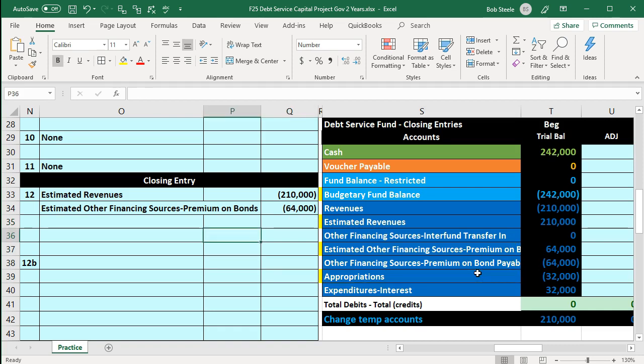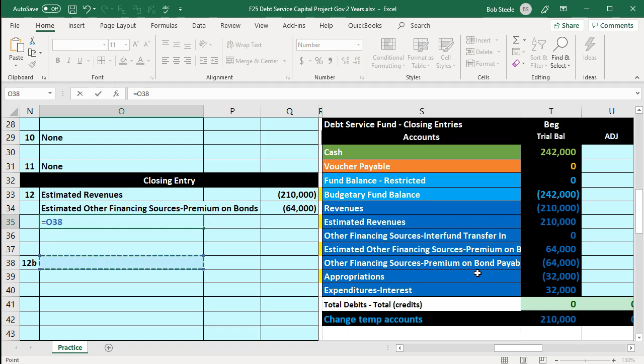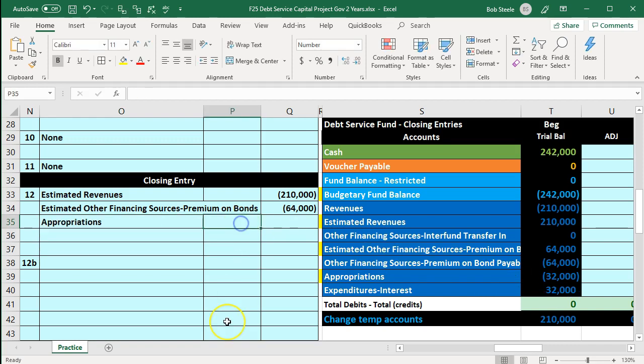So the appropriations is a budgetary account. So there is that. It's got a credit, so we're going to debit it. So we'll debit it for 32,000. And then the difference is going to go here. So we got the credits minus the debits. I'm going to use the plug formula, negative sum of these, and that gives us the difference. And it's going to go to the budgetary fund balance.